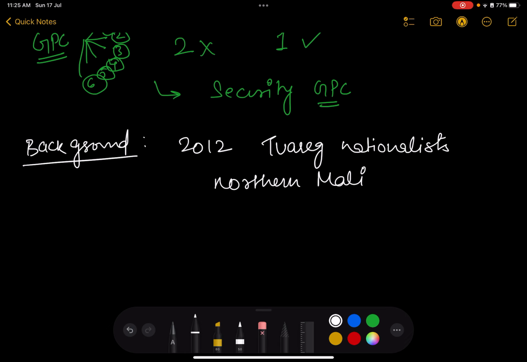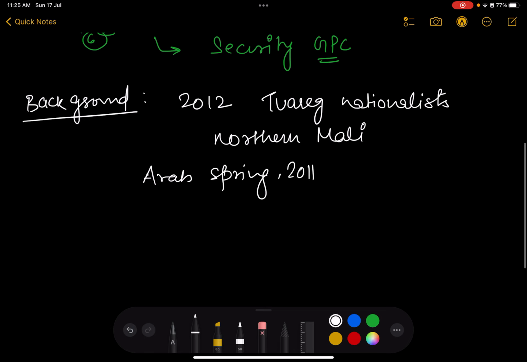So they started moving south, trying to take the capital of Mali. The conflict can actually be attributed to the Arab Spring. Which year? 2011, which occurred in northern Africa.